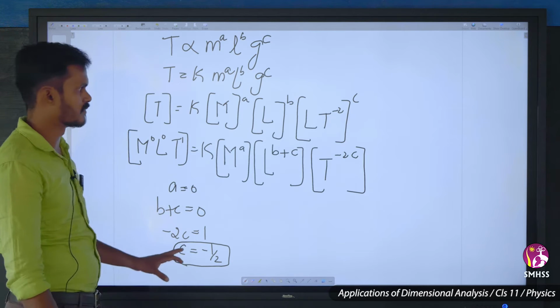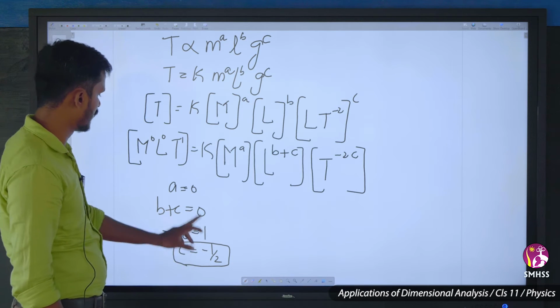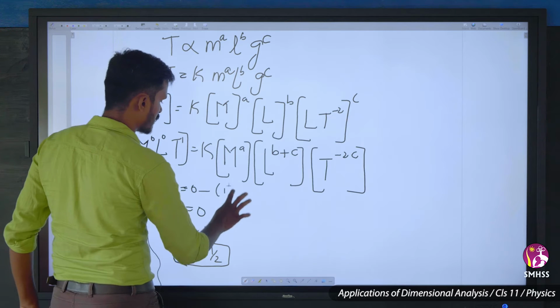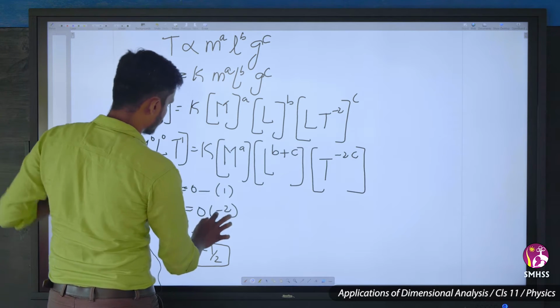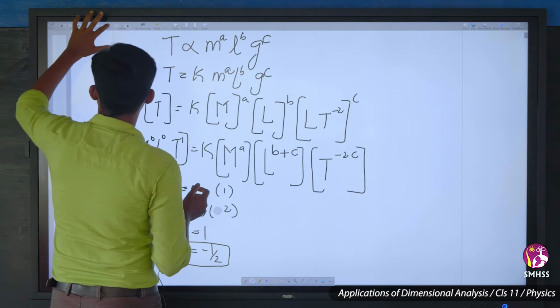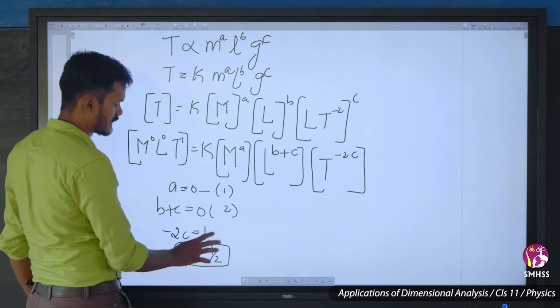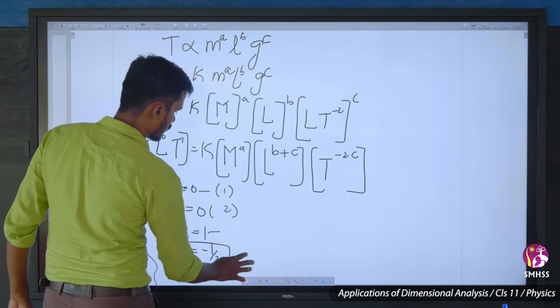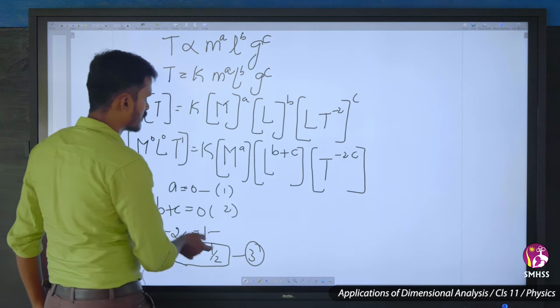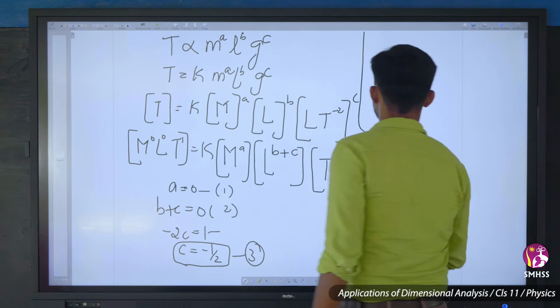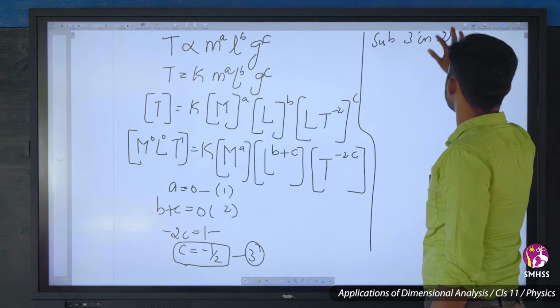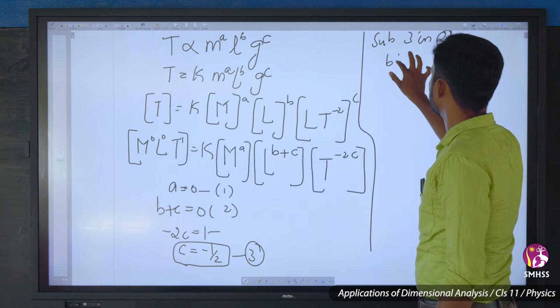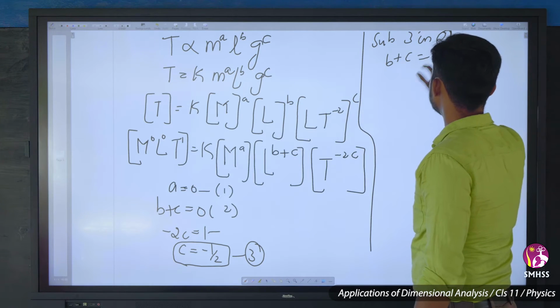Now, we have to solve these equations, right. We can take them as first equation, second equation, third equation. So, substitute 3 in 2. The second equation is b plus c equal to 0.